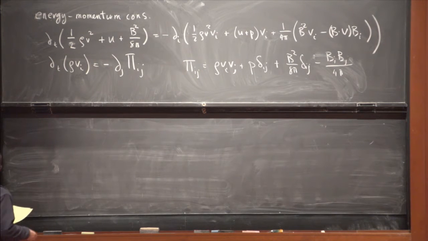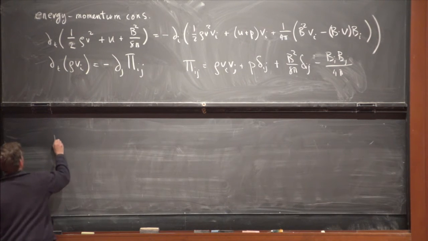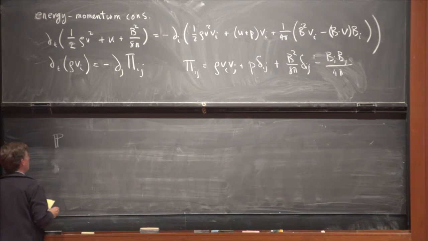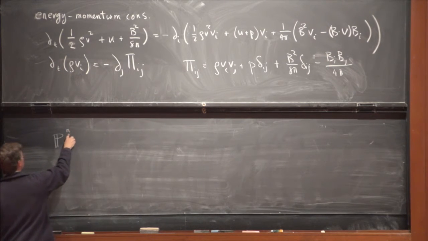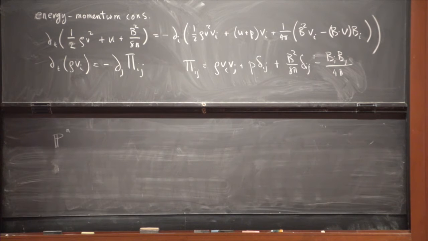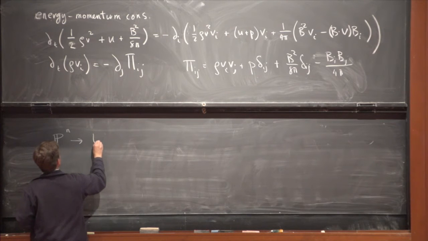Okay, so the idea, as in non-relativistic MHD, is to start in each zone at time step n with a set of primitive variables, and then transform these through a set of nonlinear but analytic operations into a set of conserved variables.